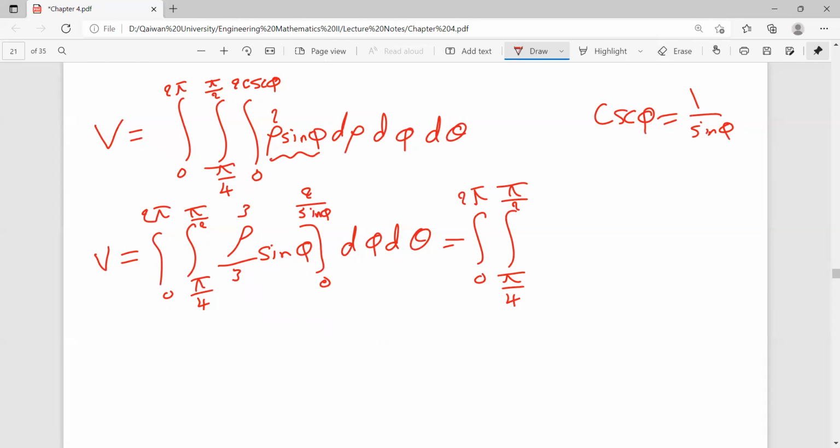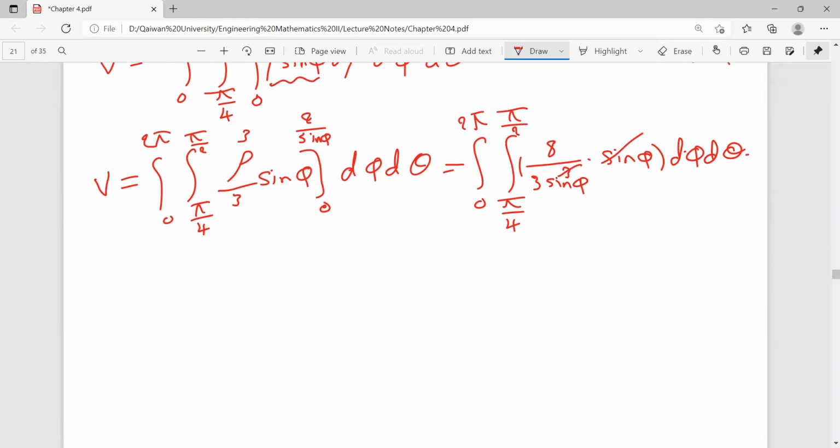But when you replace by 2 over sine phi, it becomes 8 over 3 sine phi to the power 3, times sine phi, minus 0. So we just ignore that part because it is 0. We have d phi d theta. Now you simplify these two, and we get sine phi squared in the denominator.